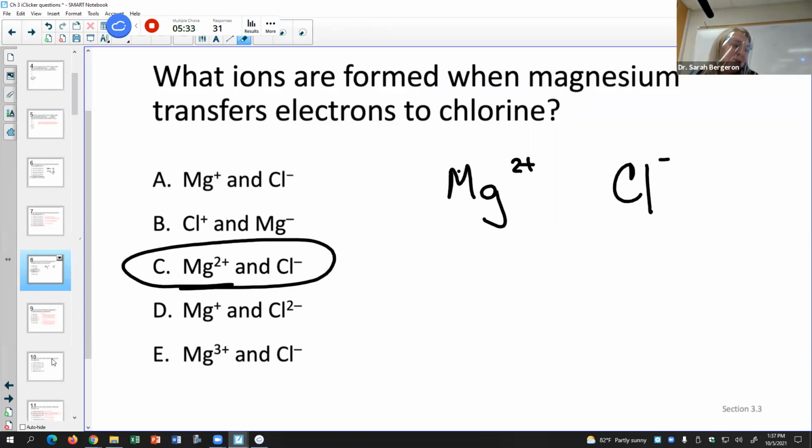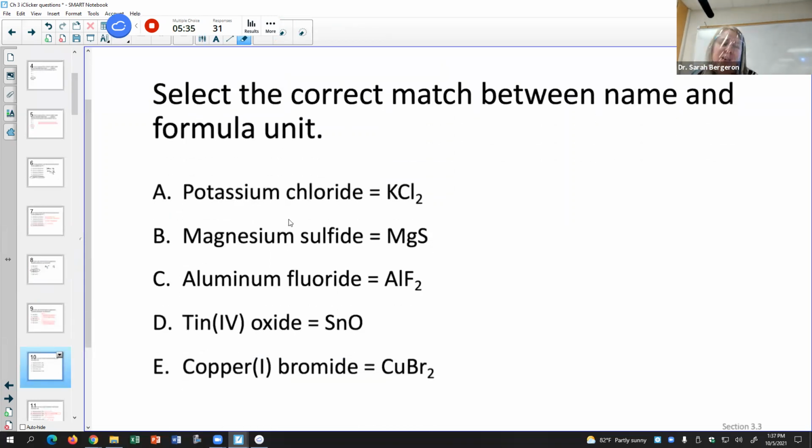Doesn't really matter. Okay. Now here's one I'm going to give you a minute on. Select the correct match between the name and the formula unit. So take a minute, think about it. I'll even do it to see if we can click in on it. Let's do it.